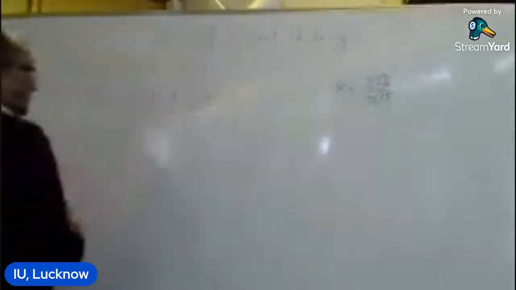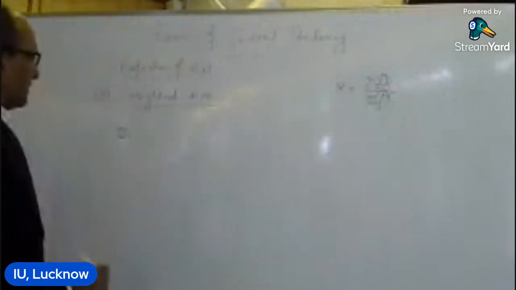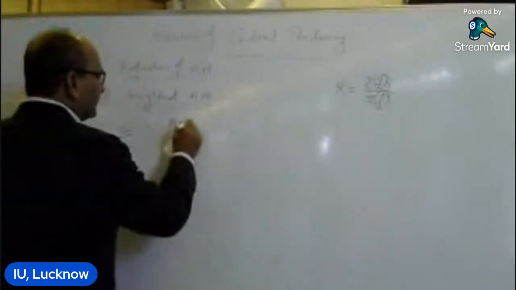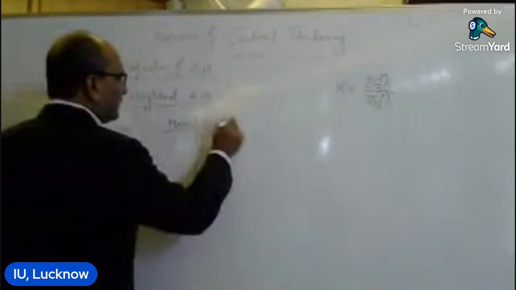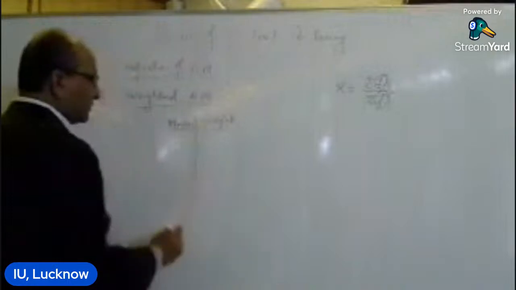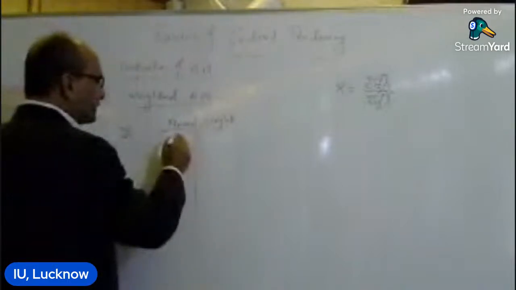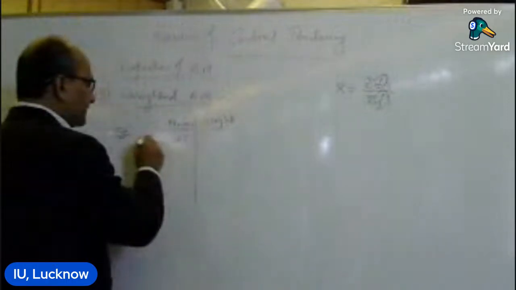For example, suppose marks and here weight. Suppose the marks of physics is 25. This is the physics marks.